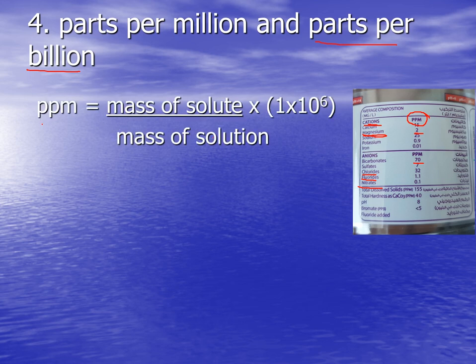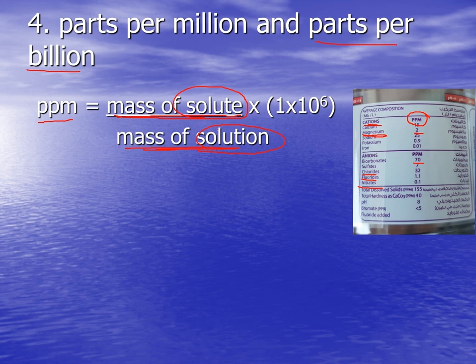To do this calculation, to find the parts per million, you need to find out what it is that you're talking about, so the solute itself. So we talked about magnesium, maybe that's the one you're talking about. And then you take the solution, and you'd want to have the same units for each. So you'd find the mass of the solute, and you divide by mass of the solution.